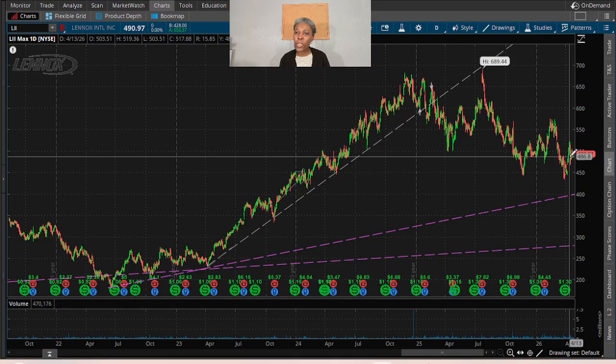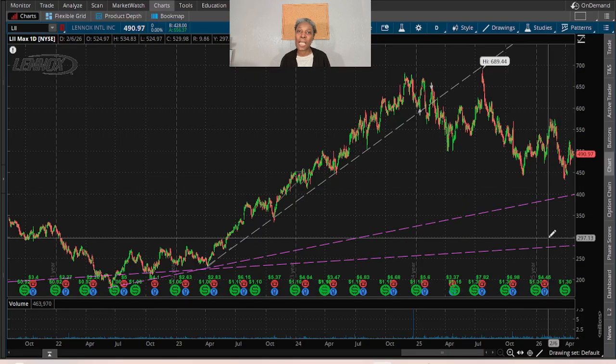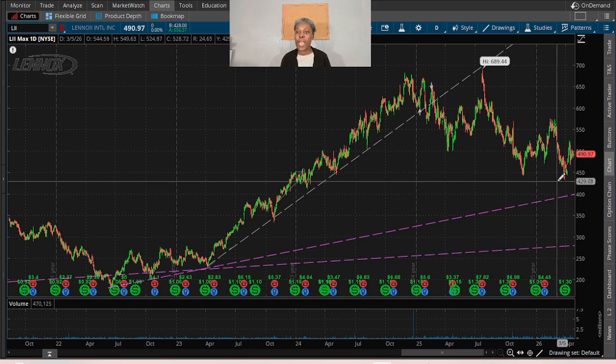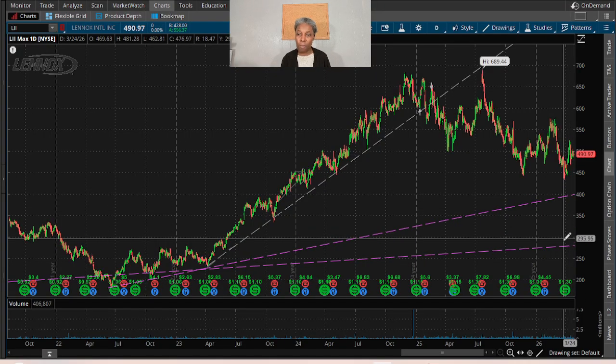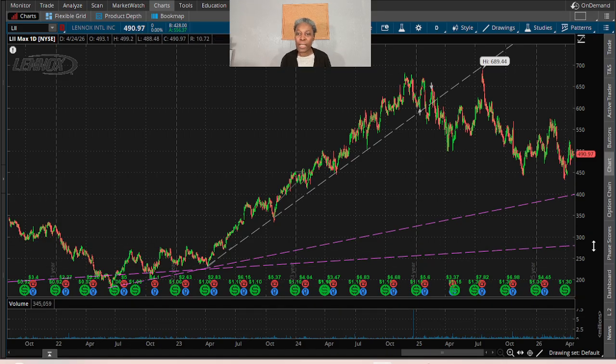Excuse me. When it comes down to any of those lines that I'm willing to buy at, I'll just buy some shares. And if it goes a little bit lower, to the second one, I might decide to buy some more, and it might linger around those areas for a while before starting to go up.